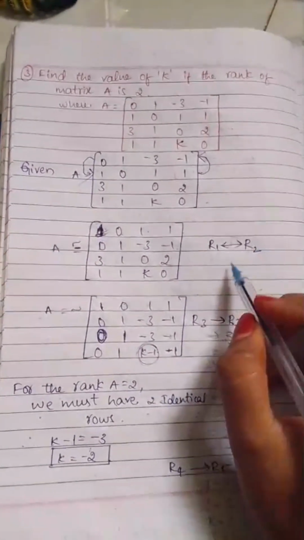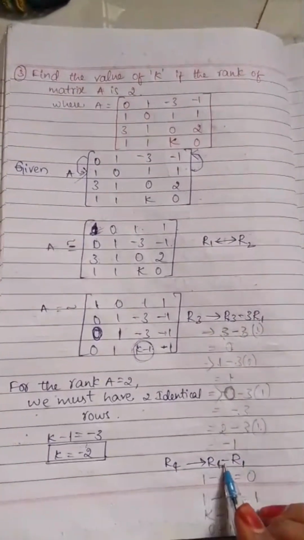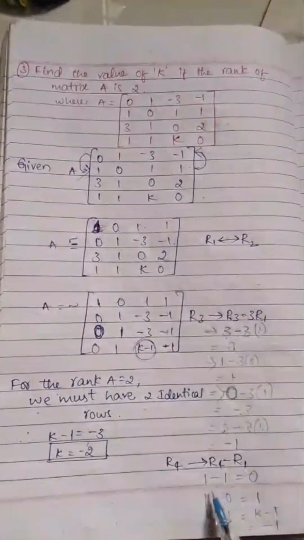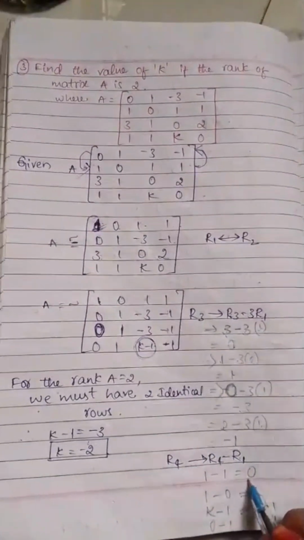Yes. Then I have to change R4 as well. R4, I have to do R4 minus R1. R4 is 1, 1 minus R1 is also 1, that is 0.